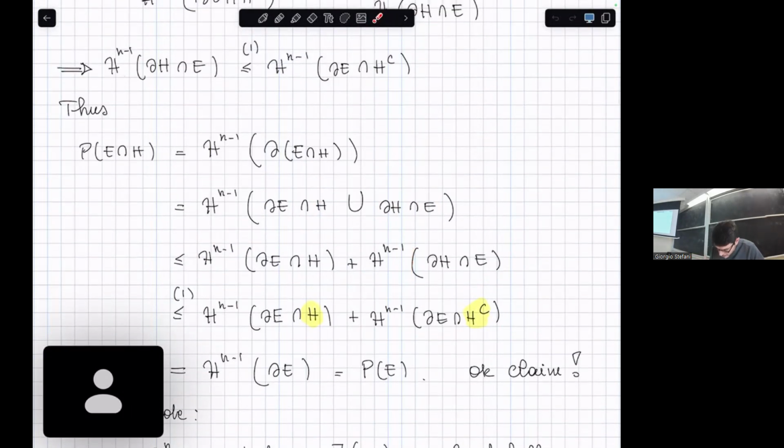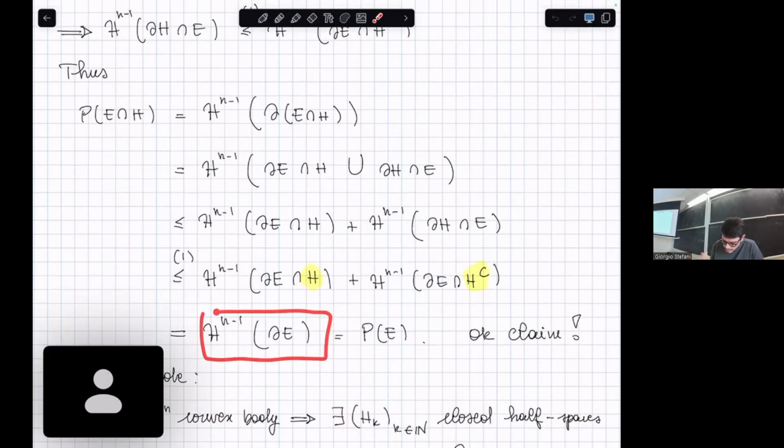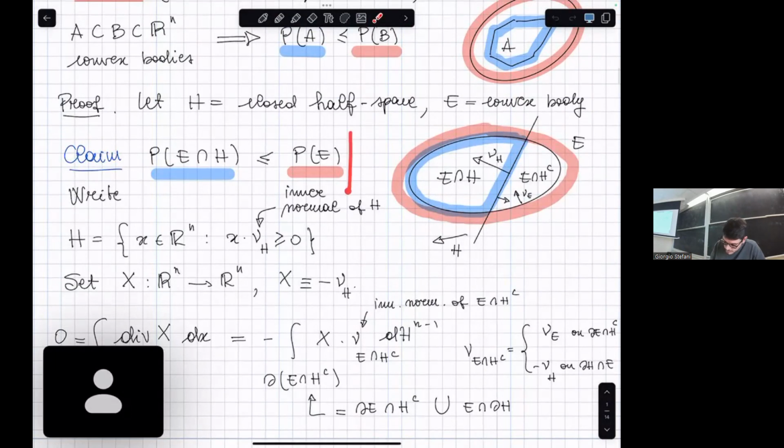And now I have the measure of the surface of the boundary of E inside H, and the measure of the boundary of E inside H complement. So apart from very particular situations which you can work out, this is the full measure of the boundary of E, and so this is the perimeter of E. And this proves our initial claim. This was our claim: if you slice a potato, the sliced potato has less surface area, easy.